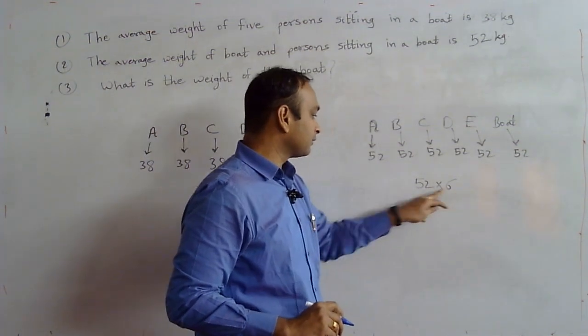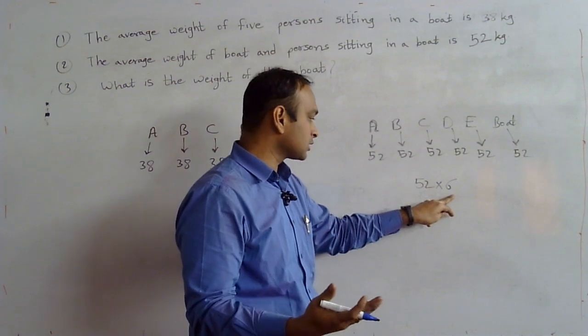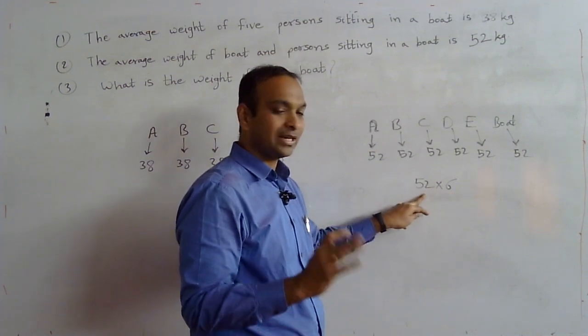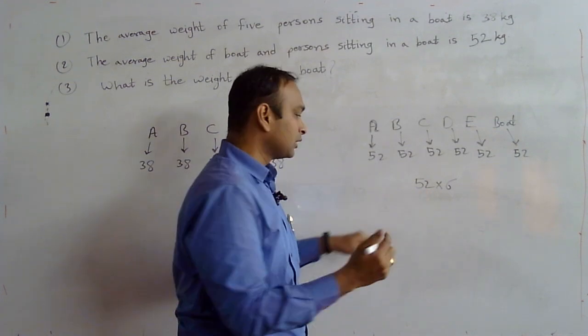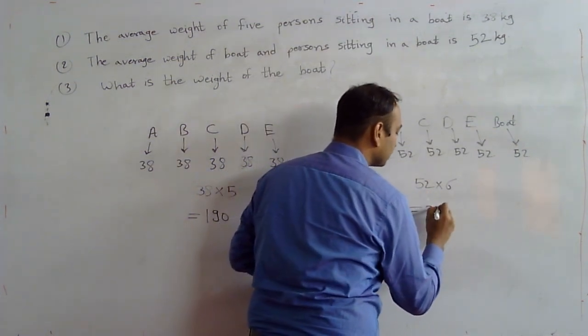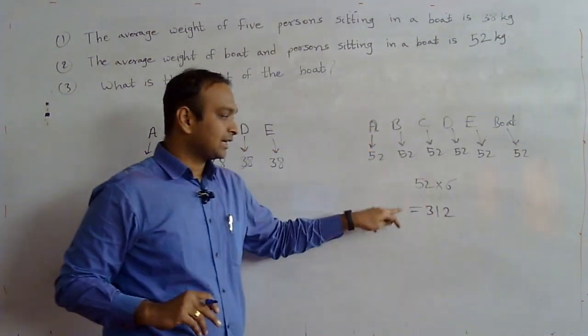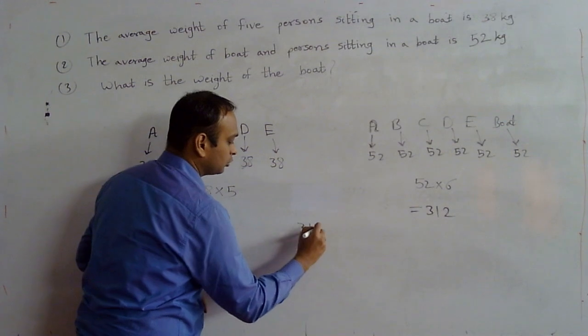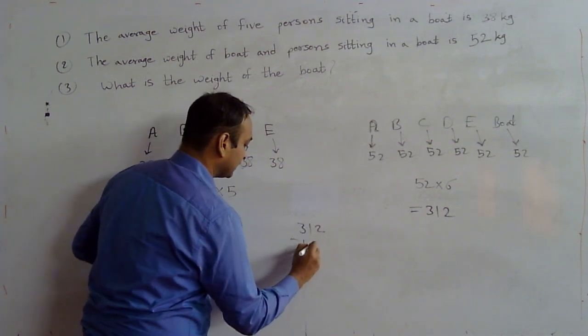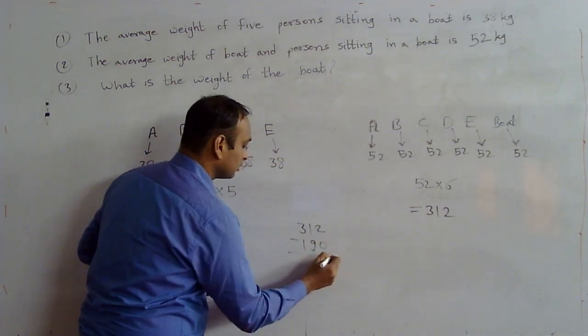In this case, 5 into 6, let's do it first. 5 6s are 30, 300 is the multiplication, and 2 is here, 6 2s are 12, so 312 should be the final answer in this calculation. So 312 minus 190 should give the final answer.